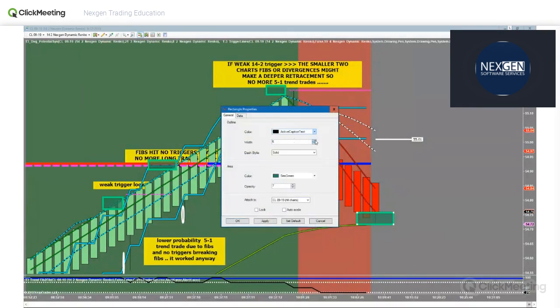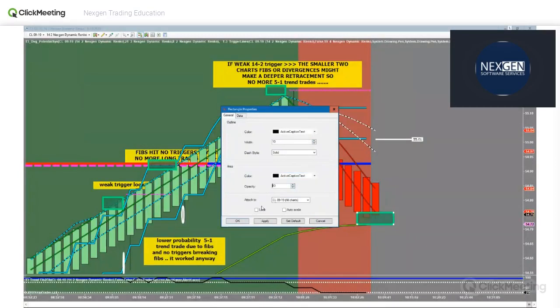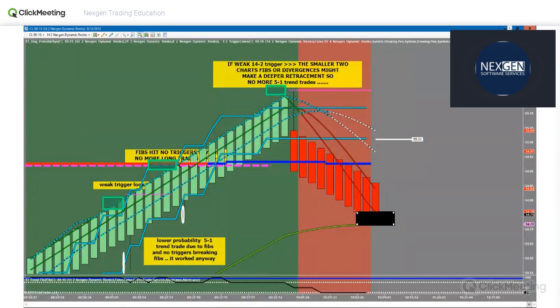This is what we call a termination of a 5-1 trend trade situation. If the mid-band and support holds in a transition, we don't want to do any more short trades. Not until we get a good breakthrough of this area are we going to worry about doing short trades.